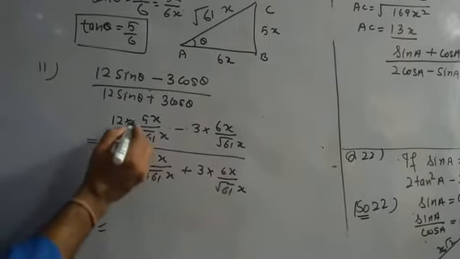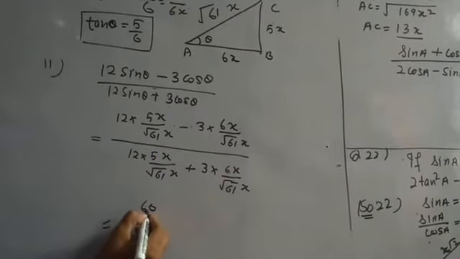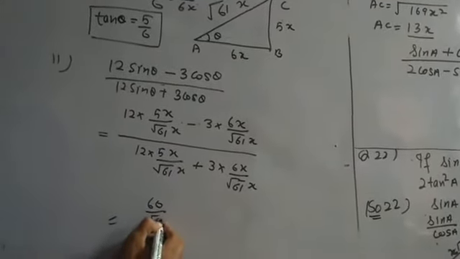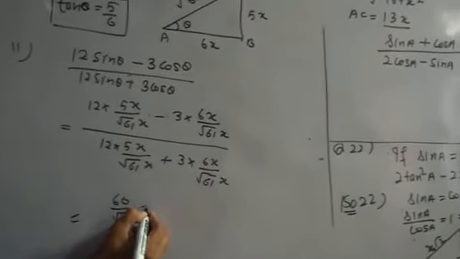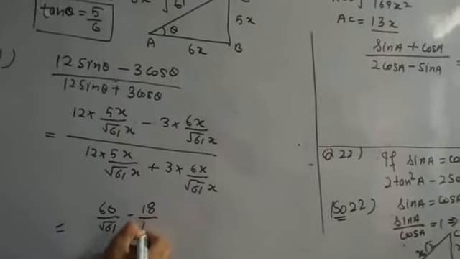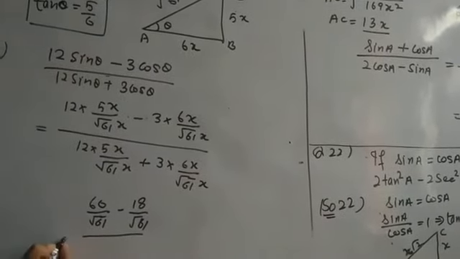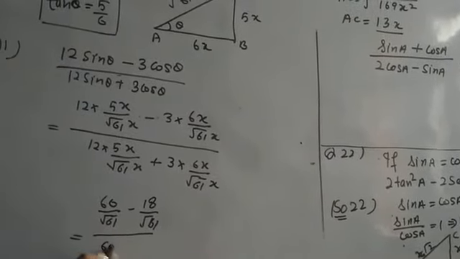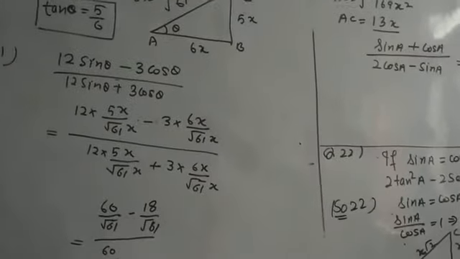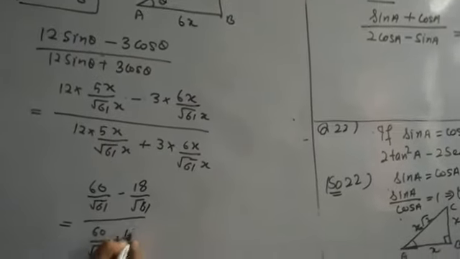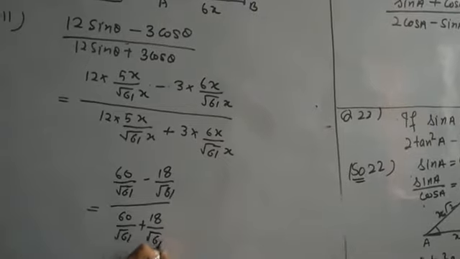This is 60 by root 61 minus 18 by root 61, upon 60 by root 61 plus 18 by root 61.